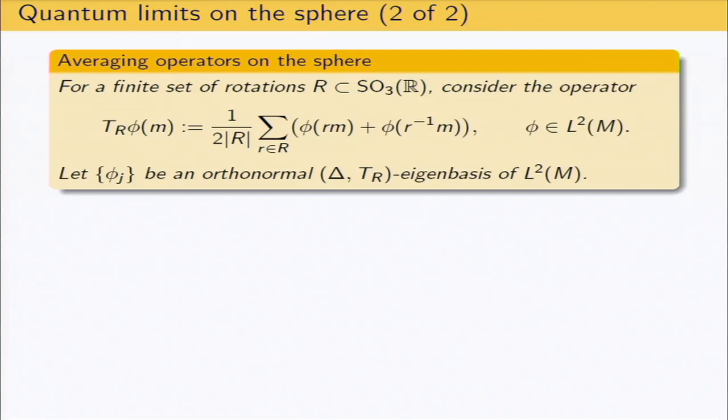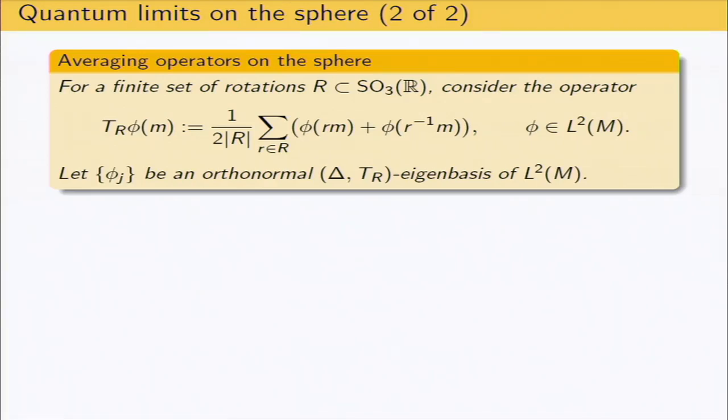So these rotations act on the sphere, hence they act on the functions. And I include R and R inverse to make these averaging operators self-adjoint. Rotations commute with the Laplace operator, so these averaging operators, just like the Hecke operators, of course, commute with the Laplace operator, and we can take phi j to be an orthonormal joint eigenbasis of L2(M).